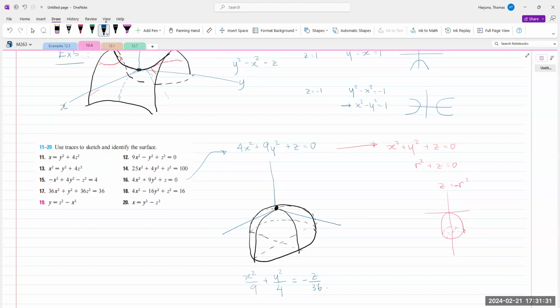Okay, how about number 18? Number 18, we have 4x squared minus 16y squared plus c squared equals 16. Let me collect the x squared and c squared together, and then now I divide by 16.